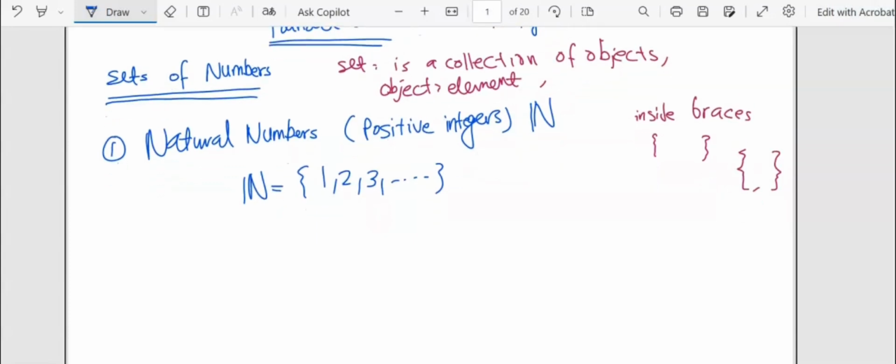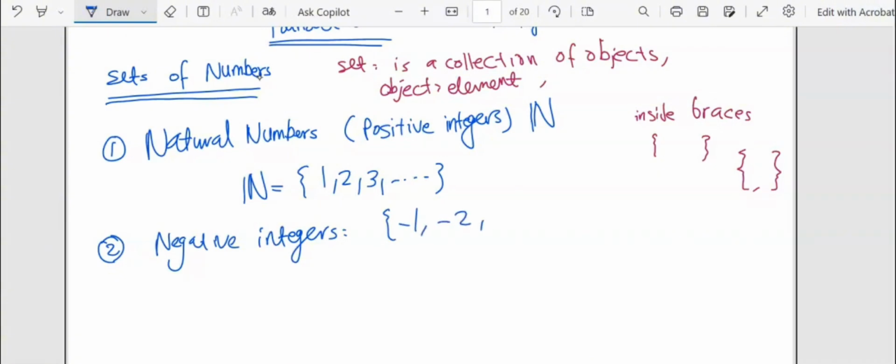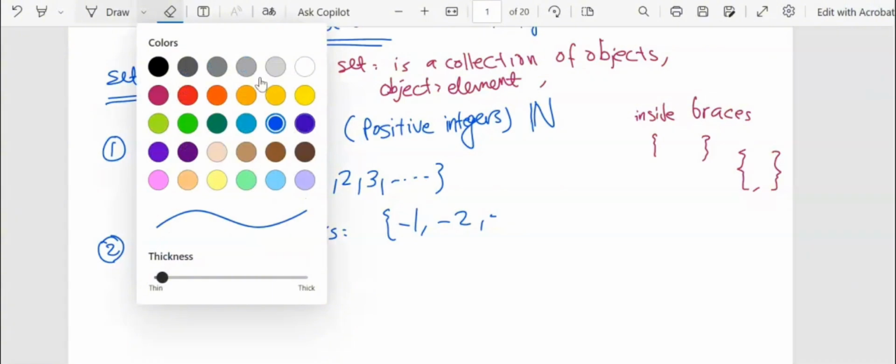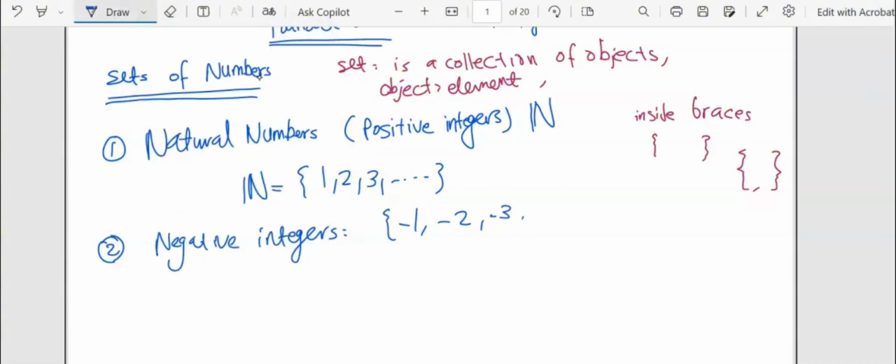And also we could talk about negative integers. That's why I specified positive integers. Negative integers are a set, let's not give it a specific letter, the same as the natural numbers but with a minus sign. So each number in it is a negative integer.